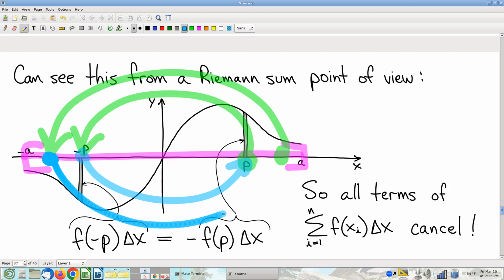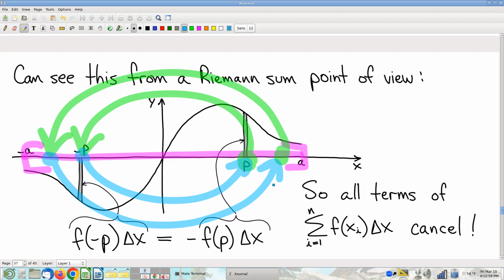Every point over here goes to its reflection. Altogether, when you take this whole purple interval, flip the whole thing, negative a to a, I mean, imagine you take this whole thing, flip the whole thing upside down, the result still goes from negative a to a. So it is its own flip. It is its own reflection.